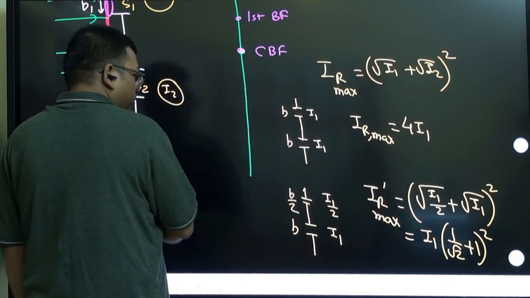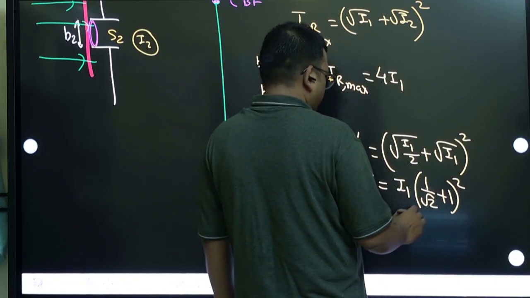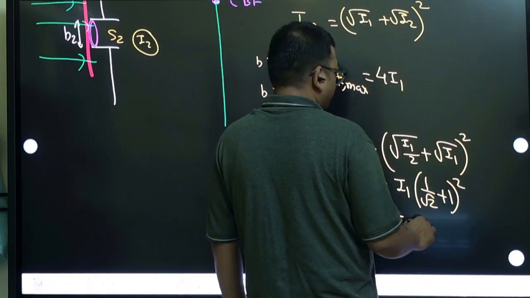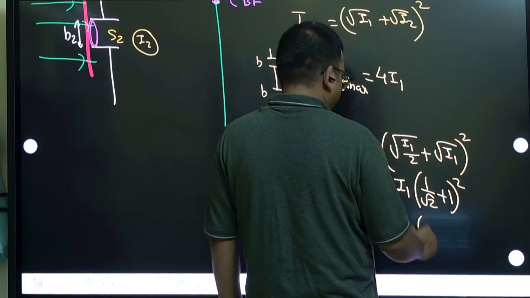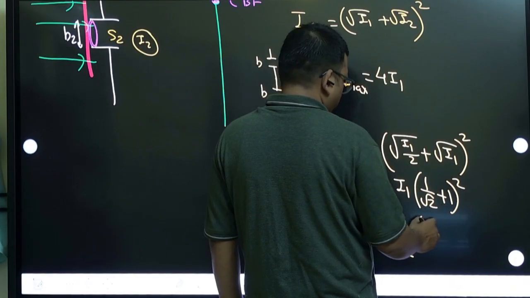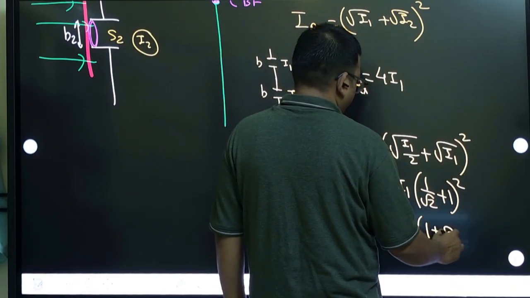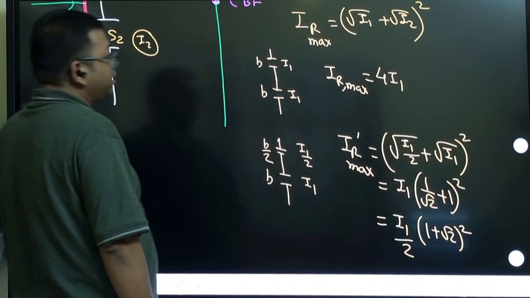Squaring it, the factor becomes (1 plus root 2) whole square by 2. You can further simplify this, but this is how intensity will change.